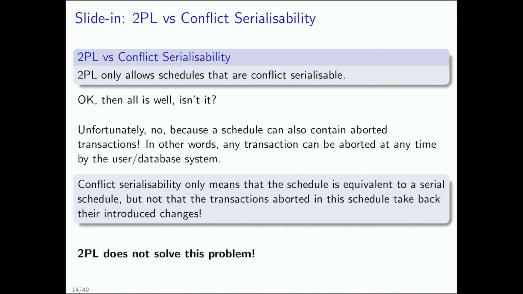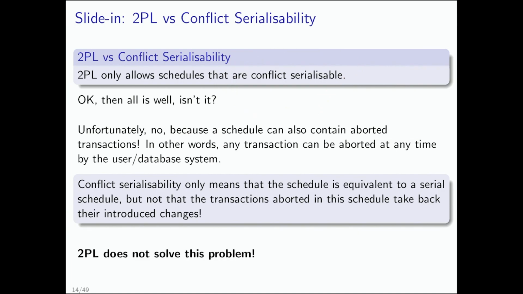But now we're talking about a schedule where you committed something, you made something durable that should not become durable, because you didn't commit the transaction. So you have changes in your database that were done by an aborted transaction. Still, you're conflict serializable. Well, Houston, you have a problem.